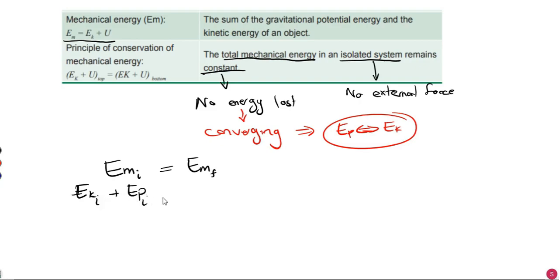Remember, this is point 1, which is the initial point. And then at the final point, the mechanical energy is the kinetic energy at that final point plus the gravitational potential energy at that point.